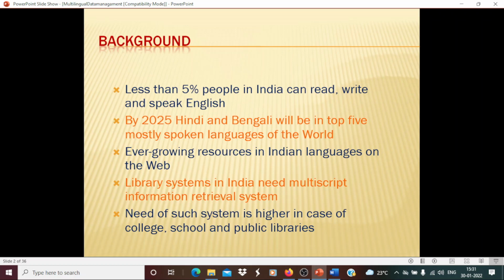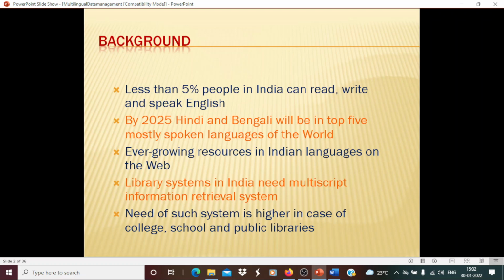So altogether, by the number of speakers, Hindi and Bengali will be in the top 5 by 2025. It has been calculated by a very respectable language research organization called Ethnologue. And they have a very good website also, Ethnologue. You can search it.